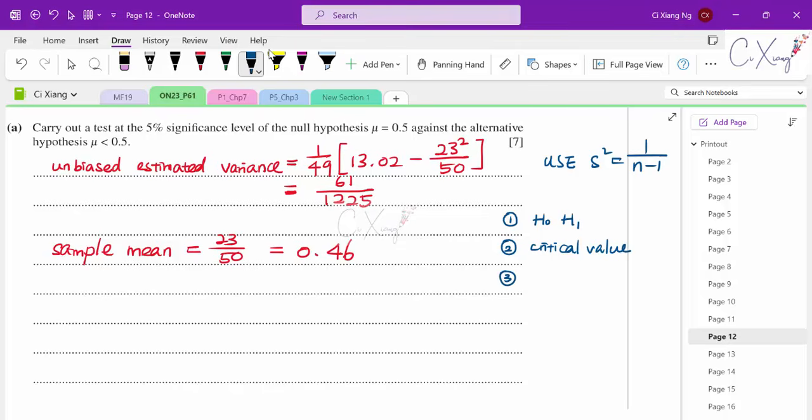The third one is to calculate the test statistic. Then you compare them. Compare what? Compare the critical value and the test statistic. And for the last step, you make a decision and also write out the conclusion.